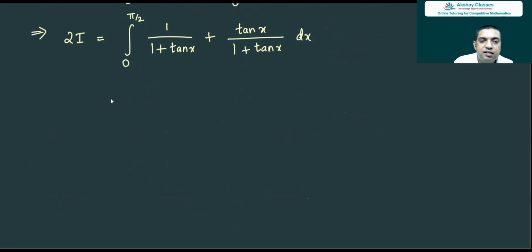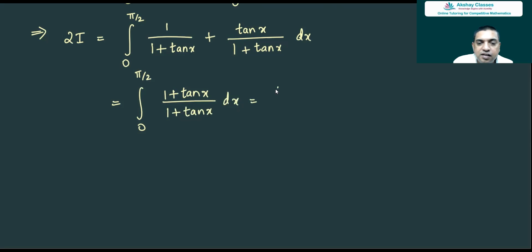When we add this, we get the common denominator, and when you add the numerators, the numerator turns out to be the same as the denominator.